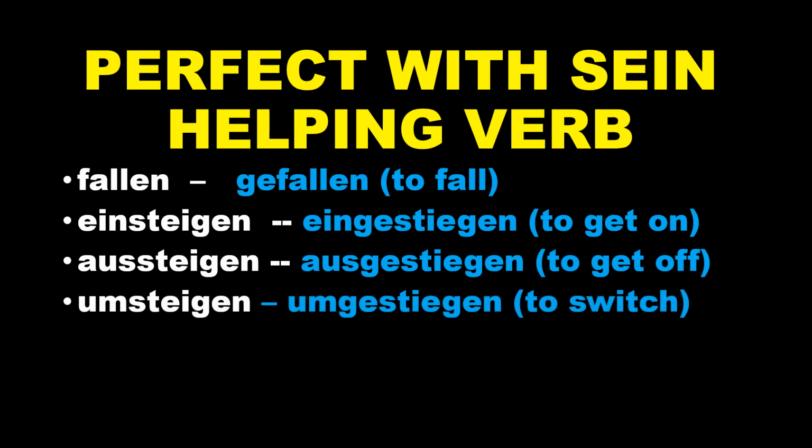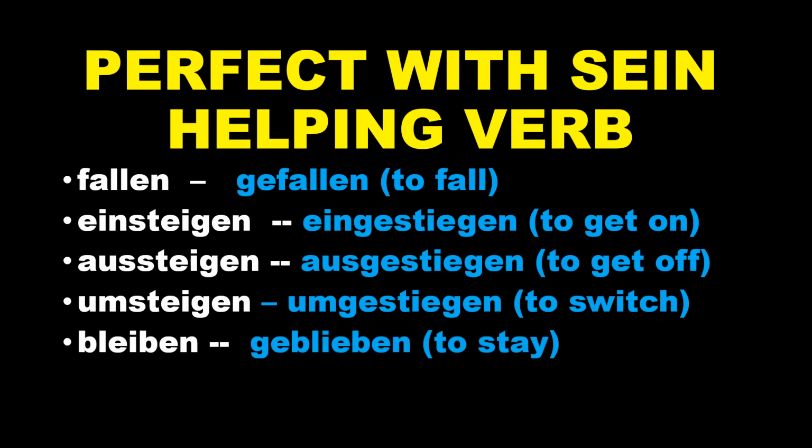These are quite similar verbs, that is why I have taken all these three. You can compare and remember them by comparing. Einsteigen, to get in. Aussteigen, to get off. Umsteigen, umgestiegen. All these three have the change of spelling, EI to IE. And all these three verbs have a change of movement, so that is why we have to use the sein verb.